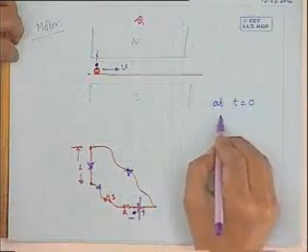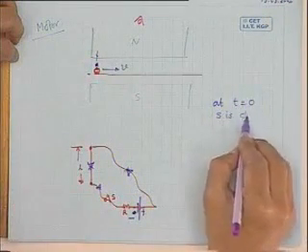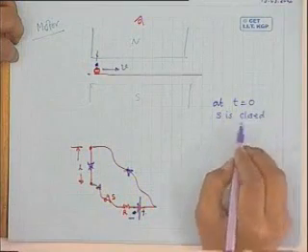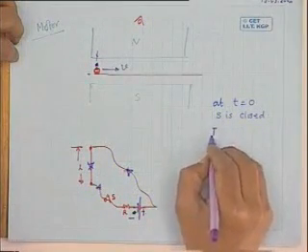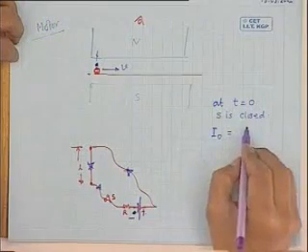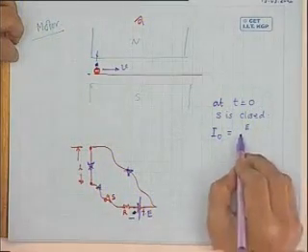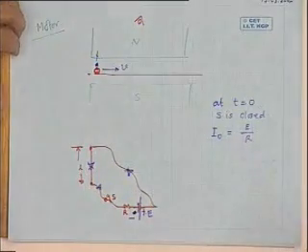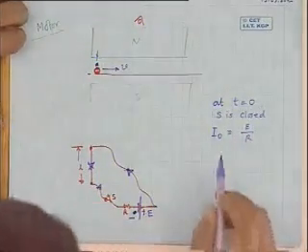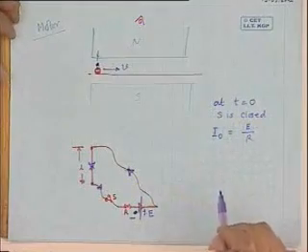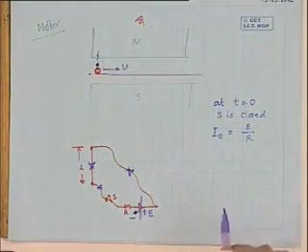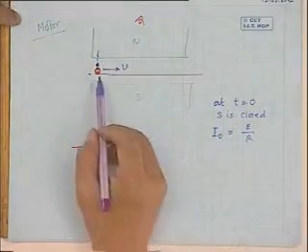So when you close, suppose at t equal to 0, S is closed. So how much will your I naught be? I naught will be E, the battery voltage, divided by the resistance of the circuit at t equal to 0.